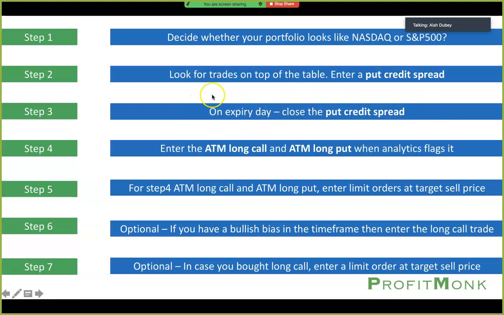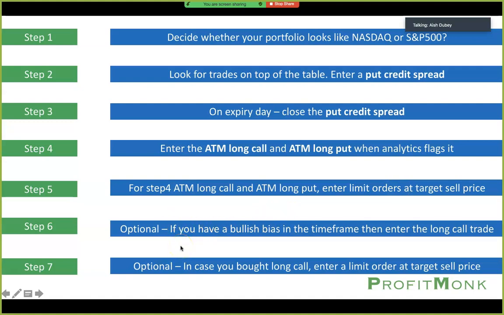Enter the ATM long call and ATM long put when analytics flag it, and if you have entered them, you will see on the web page that for these ATM long calls and puts, you will have limit orders with target prices.